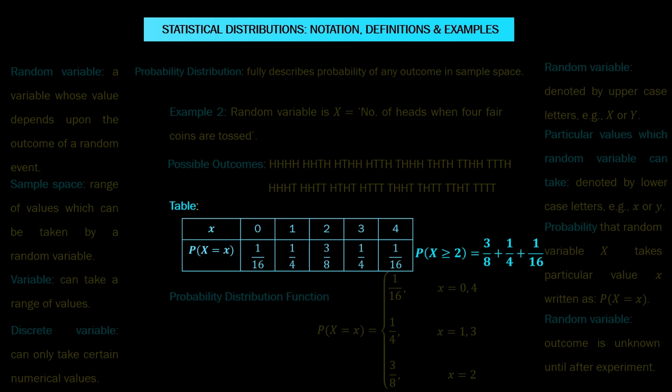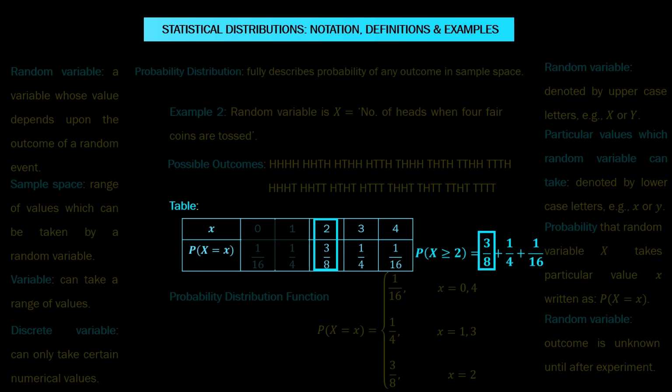And out of interest, we can calculate various probabilities from this table. So for example, if we wanted to know what is the probability that x is greater than or equal to 2, we ignore probability x equals 0 and we ignore probability that x equals 1 and only add up the probabilities that you can see highlighted on your screen.